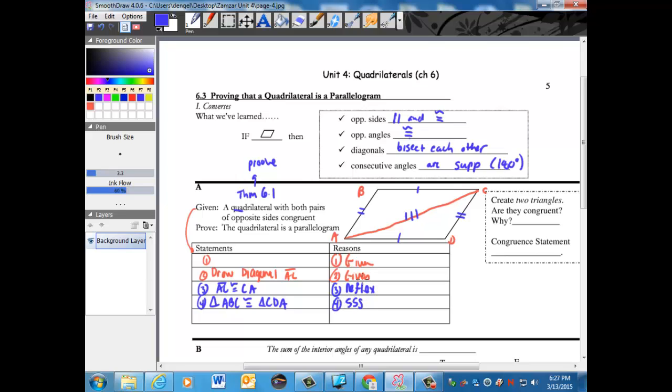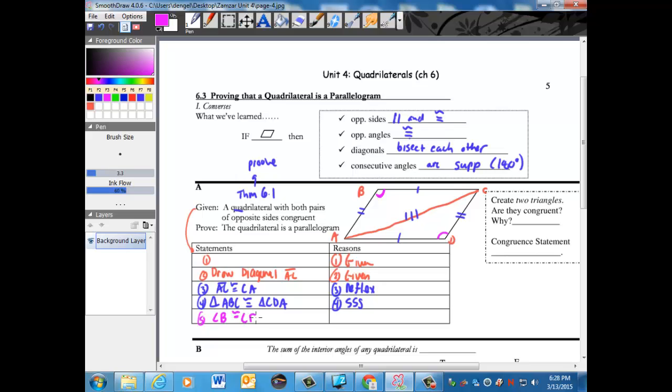Okay. From there, what we can say next, and we don't actually need to say this in our proof, it won't do anything for us, but I just want you to see that we could say that angle B is congruent and equal to angle D. Okay, and why am I allowed to say that? Let's think about it.